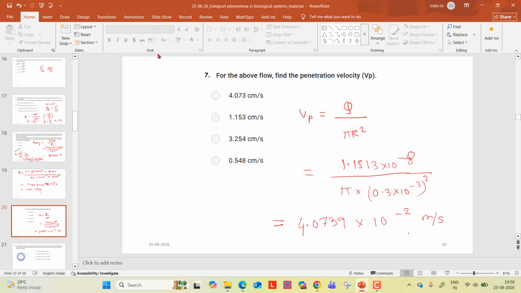So now you can write it as 4.073 centimeter per second. Okay. So this is true. So that first question has some unique issues there. Okay.